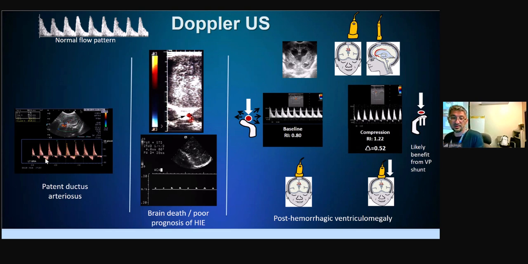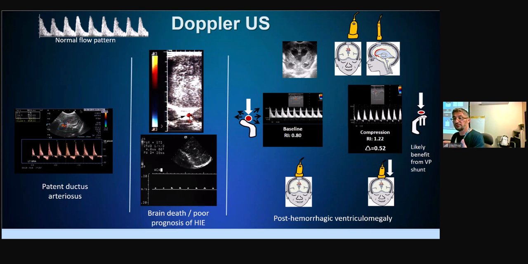When you see that, there are two things. First, the baby has brain death, where there is no flow. Or second, patent ductus arteriosus, which makes more sense in a healthy child. And when you treat it, you can follow up by Doppler too. But in this one, there's brain death.